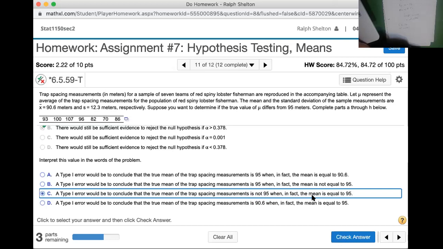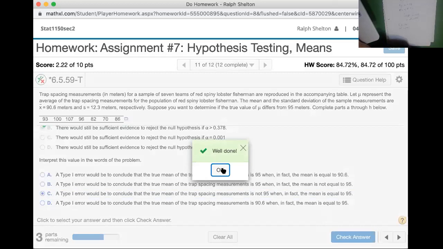But in fact, the mean really is 95. So when you reject it, you're making a mistake. And in fact, when you do that, you're wrong. So that is a type 1 error. And the significance level is the type 1 error rate. There's a 5% chance you're going to do that when you test at the 0.05 significance level. So C.